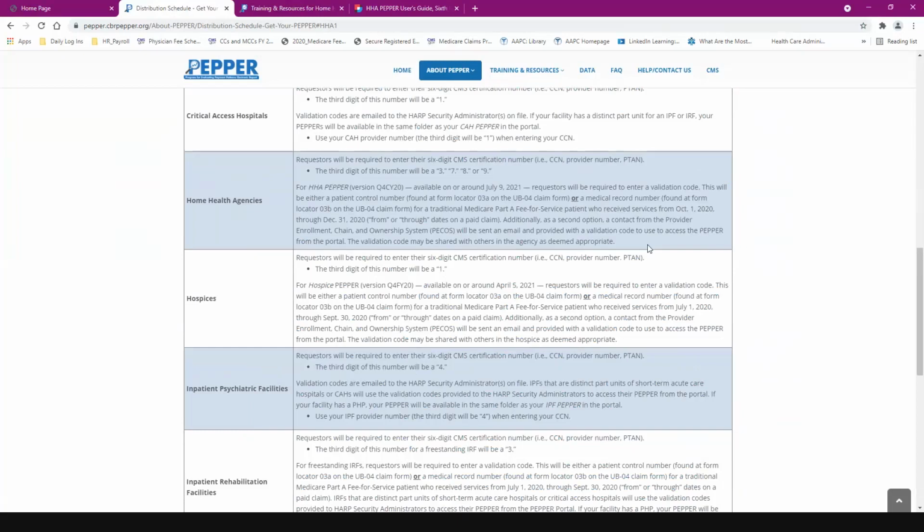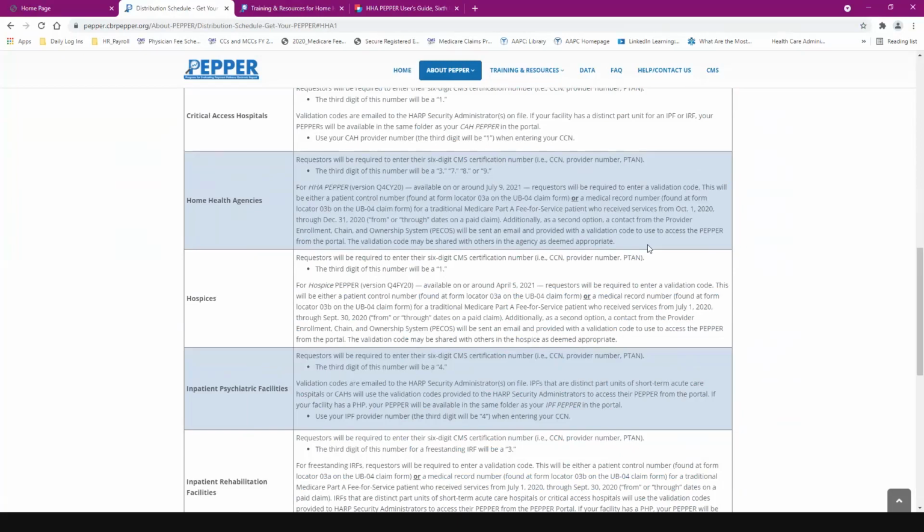And this is going to be for a traditional Medicare Part A fee-for-service patient. And that patient had to have received services from October 1st, 2020 through December 30th, 2020. So that end part of the calendar year 2020, which of course is what we're looking at in this PEPPER release.